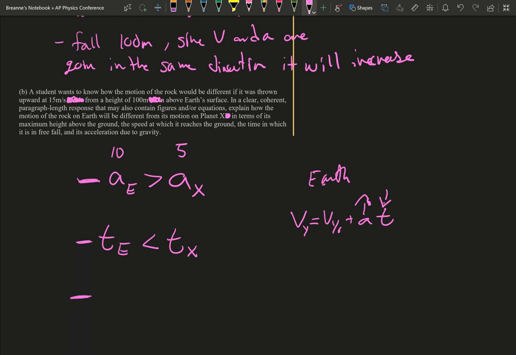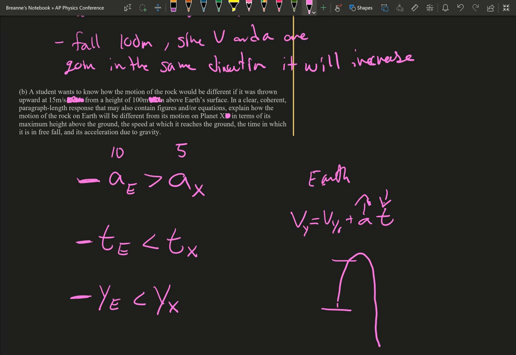Now, in that same way, if you're talking about it being thrown up and then coming back down, if you're thinking about this distance here, on Earth it's not going to go as high as on planet X. Again, it has more gravity pulling it down.